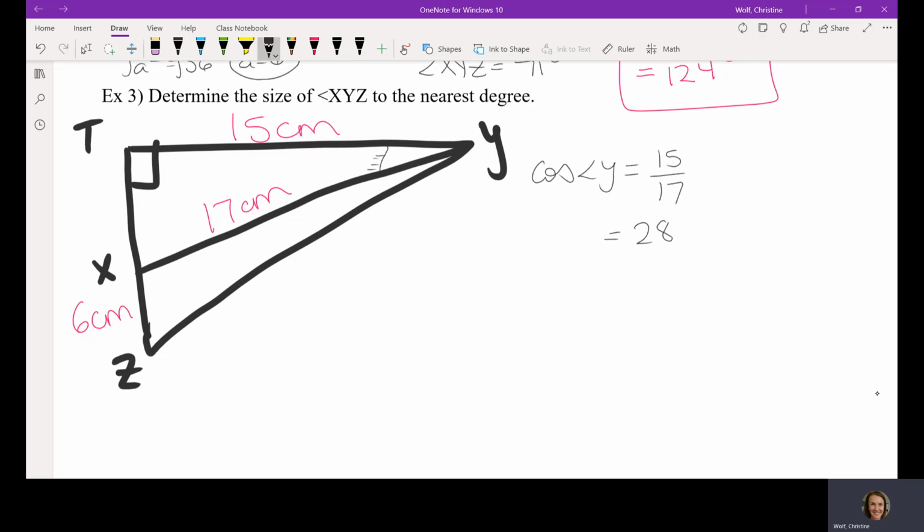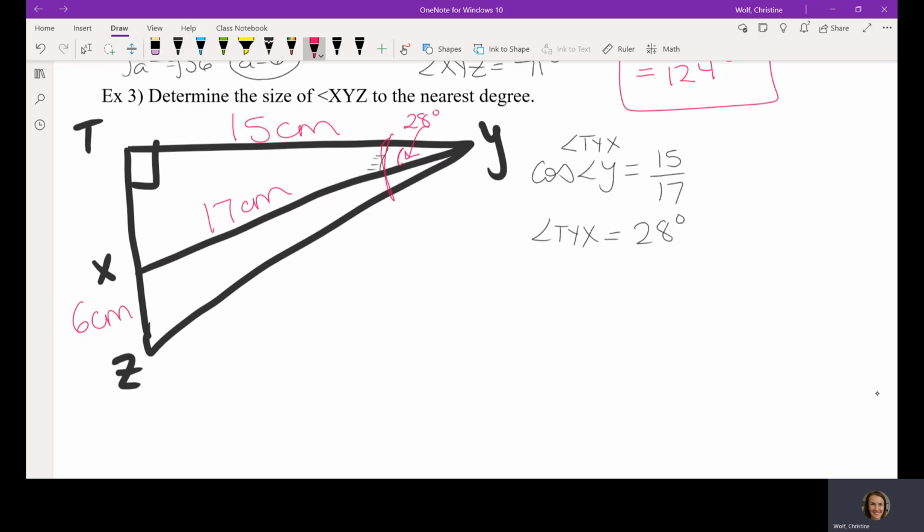This little angle y is the angle TYX. So we just found that this little sliver is 28 degrees. So I know what that chunk is.